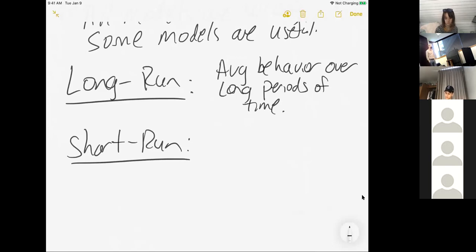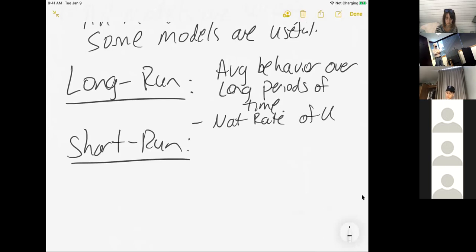So if I'm talking about the fact that the US economy on average grows 2% a year, I'm talking about the long run, right? That's over a long period of time. That's the average behavior. Or if I'm talking about the natural rate of unemployment, the natural rate of unemployment is really a long run concept. What's average unemployment over long periods of time? That's the long run.